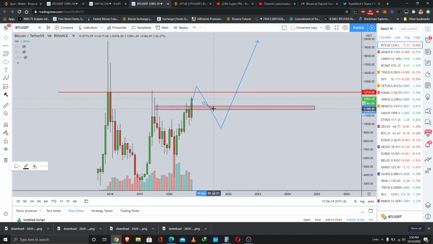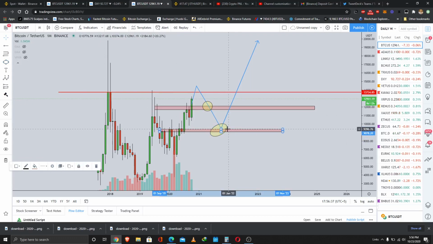First here, this is the area where we'll look for an entry. And second, this or the block. This is where the real demand is, probably this area at the 9K level. So if we get an entry, no matter what people say about it, price can shoot back here.